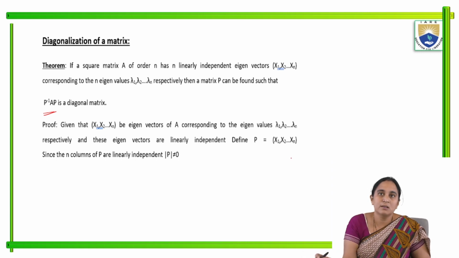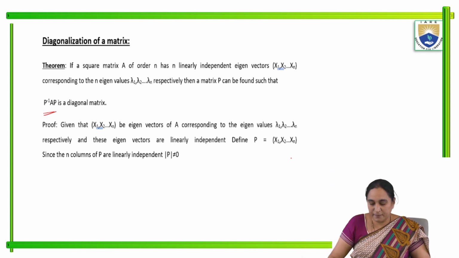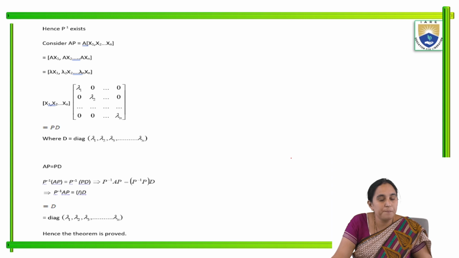Define P as the matrix with the given vectors x1, x2 and so on xn as its columns. Since the n columns of P are linearly independent, what is linearly independent? If the determinant of P is not equal to 0, we consider that matrix as linearly independent. Hence, P inverse exists.